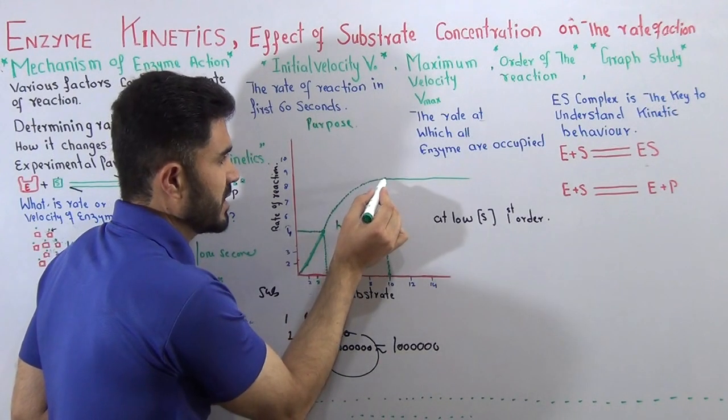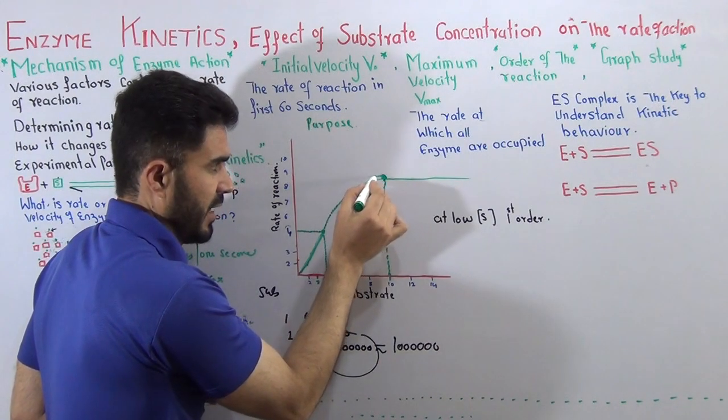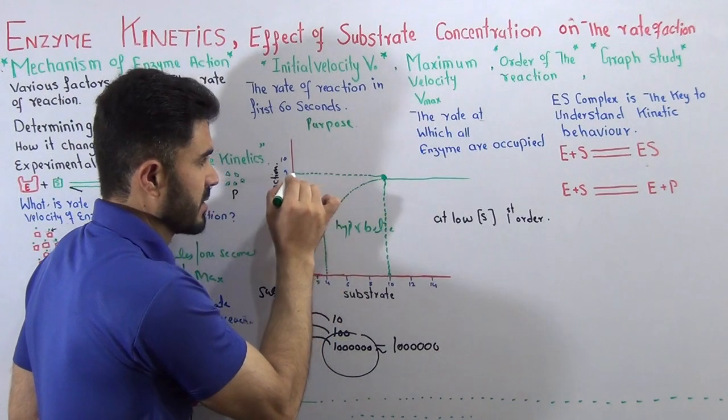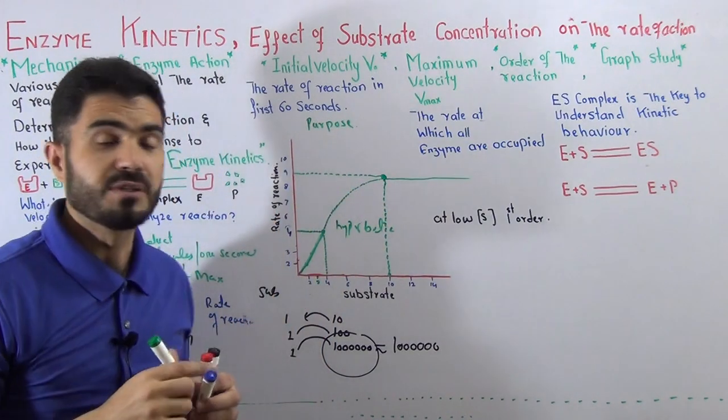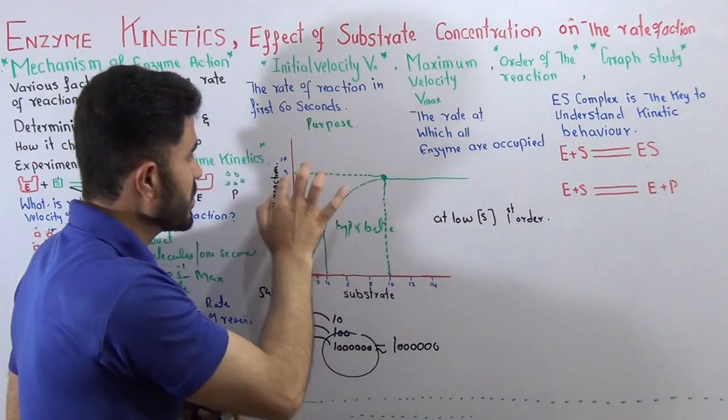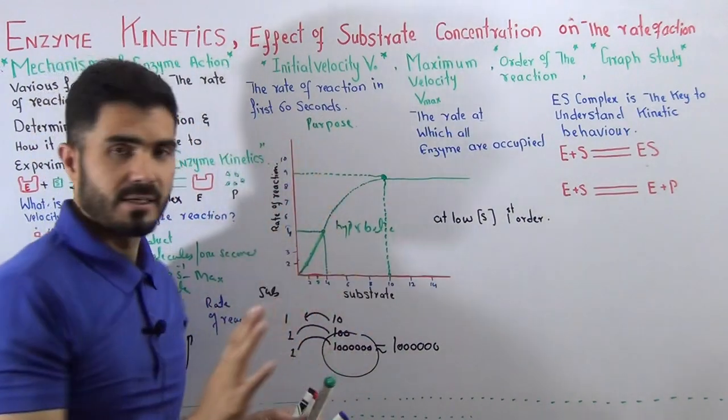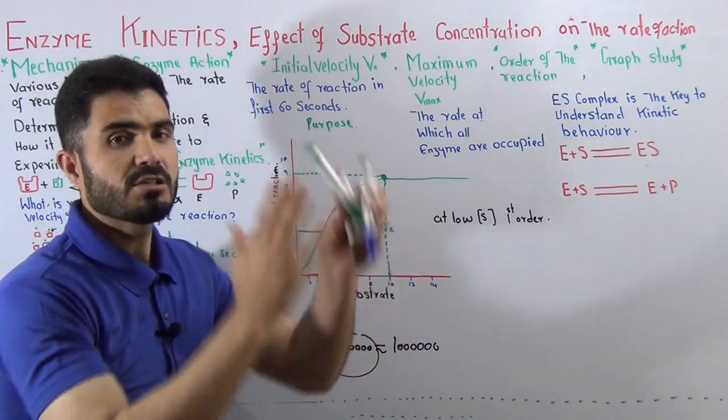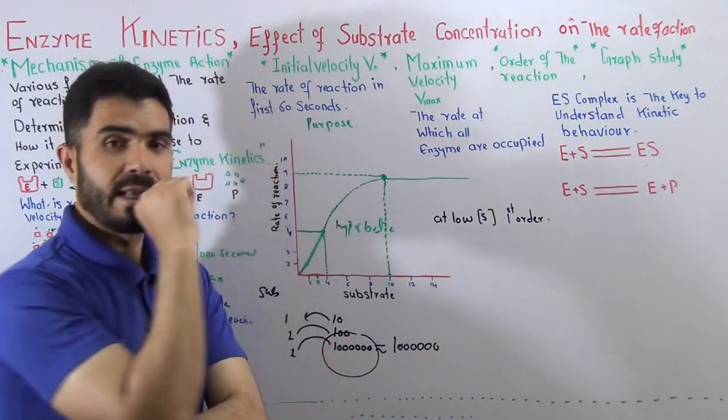If you bring this point to the y-axis, you get a speed of 9. The maximum speed that we got is 9. We can't increase our enzyme speed above 9.